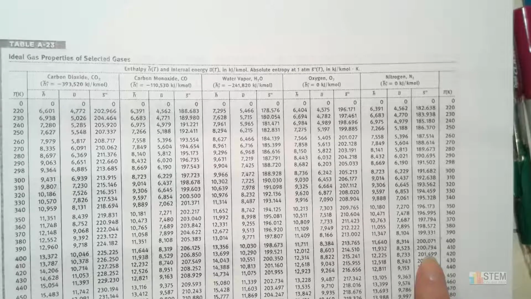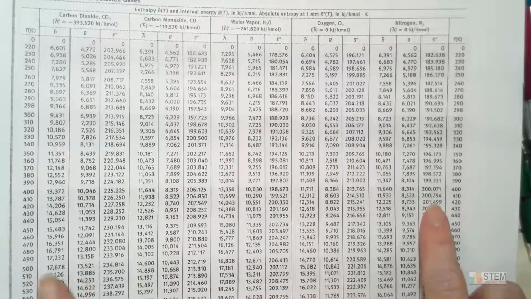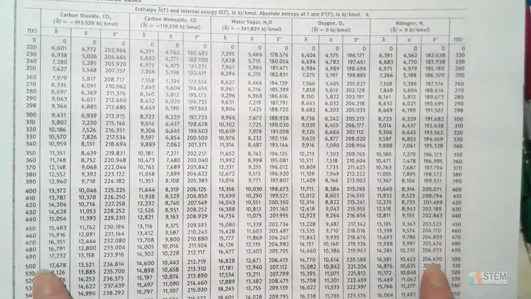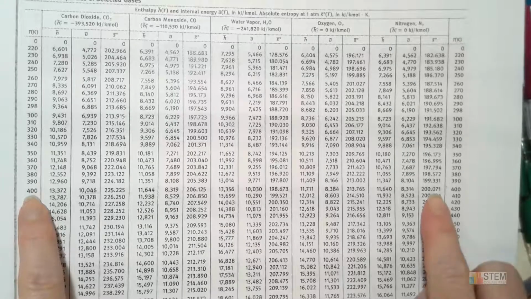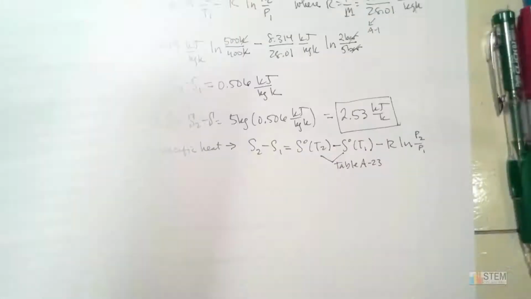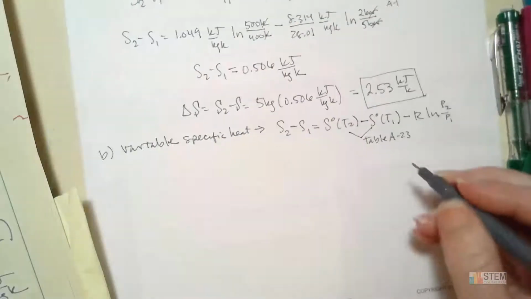Okay, so at T2, we've got a temperature of 500. So here's 500, we come down here, and we get 206.63. So that's that one. And then for T1, we've got 400. So that's 200.071. So let's write those values down.